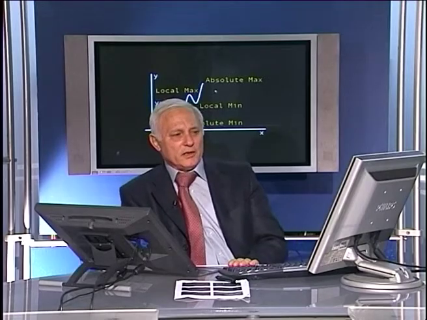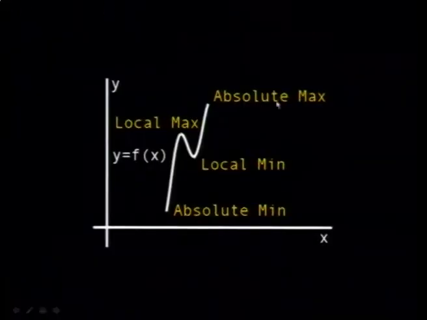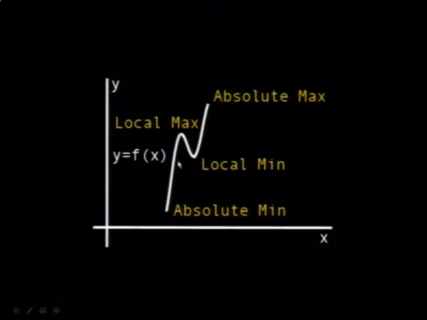You may find an odd situation like this one. Here you have an absolute maximum, and here you have a local maximum attained at a point c, an interior point here. This is the local maximum. And it's not the absolute maximum because the function goes down, but it climbs again, so the absolute maximum occurs here. Same thing, this is a local minimum, and the absolute minimum is here.